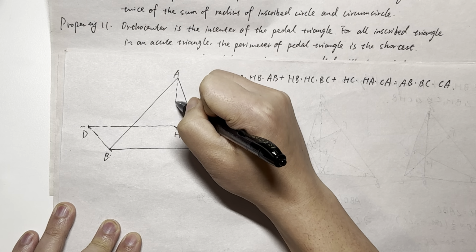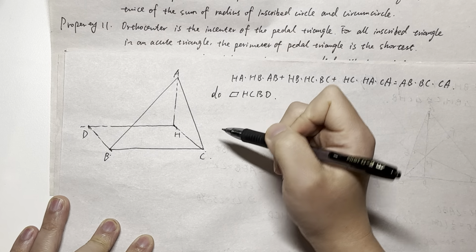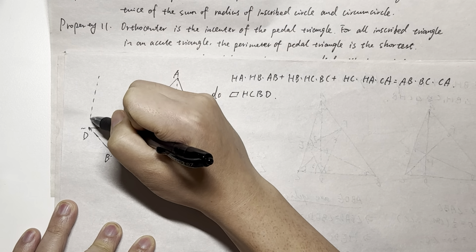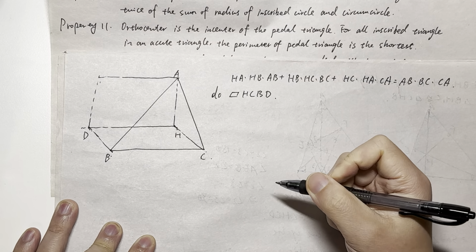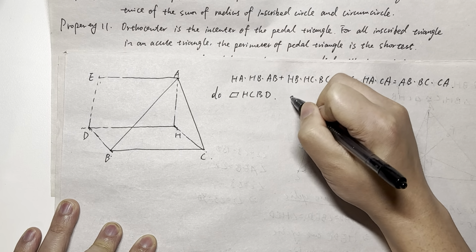Then we can connect AH, and from AH we can form another parallelogram. Let's call the new point E.